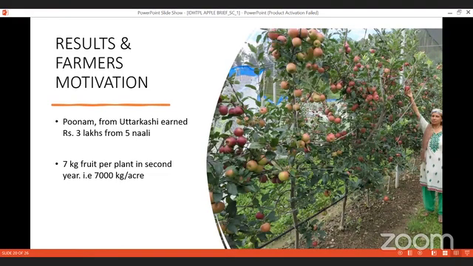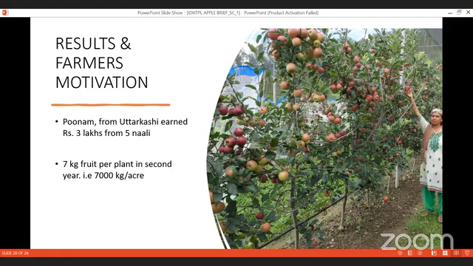So this is one case example of Poonam that I want to give. She is a cancer patient, but she's doing a wonderful job in her orchard. She raised about 250 plants in only 1,000 square meters. And only in the 2nd year, she sold her orchard for 2,50,000 rupees.